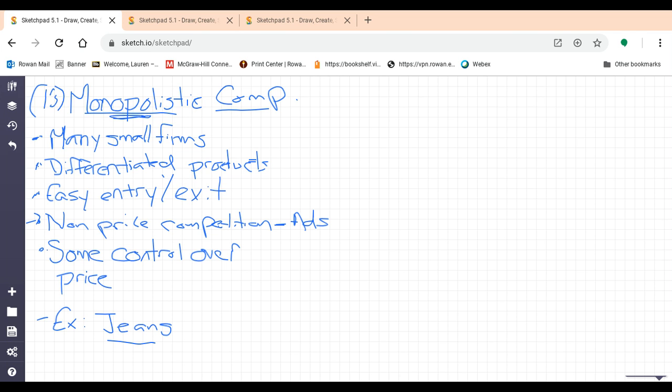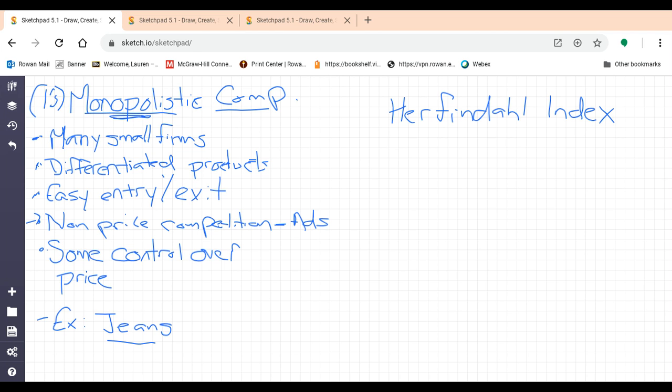So the first thing I want to talk about after that is what we call the Herfindahl Index. This is a way to measure the concentration of firms in a market. In this chapter we will not be going over the four-firm concentration ratio.